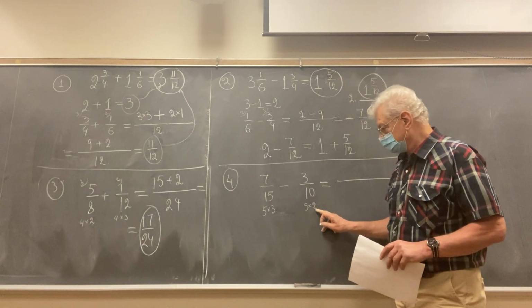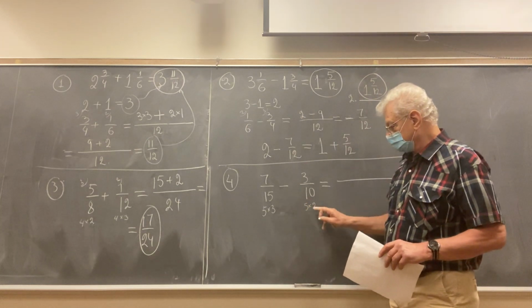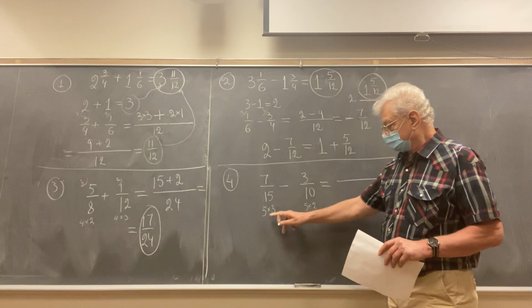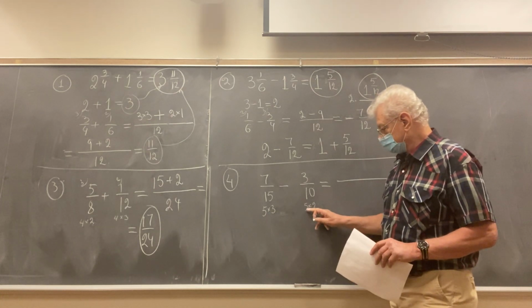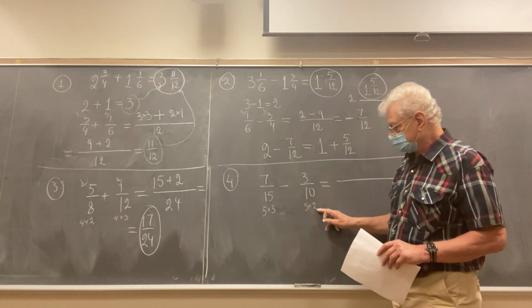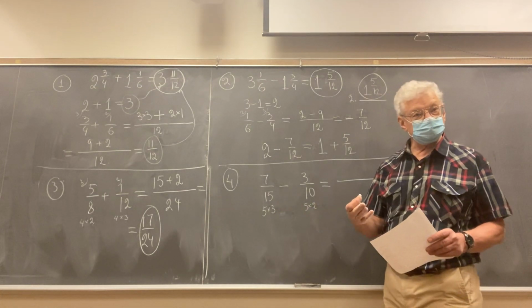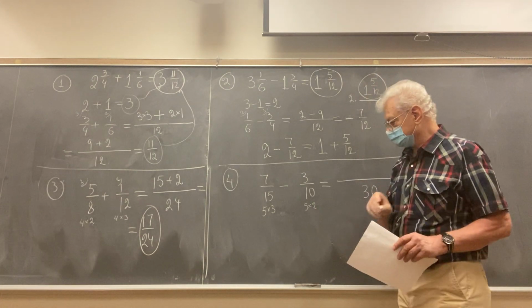So therefore 2, which is in 10, is not there. If you multiply by that 2, you'll get 5 times 3 times 2, which will be 30. If you take 5 times 2, then 3 is not here. So if you multiply 10 by 3, you get the same 30. So therefore the least common denominator is 30.